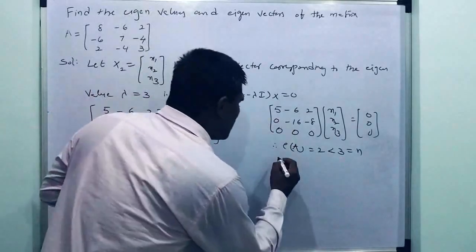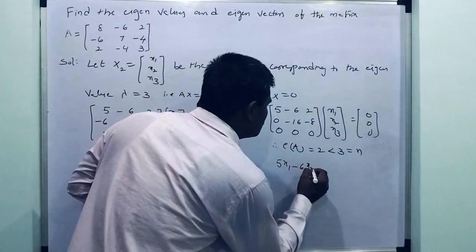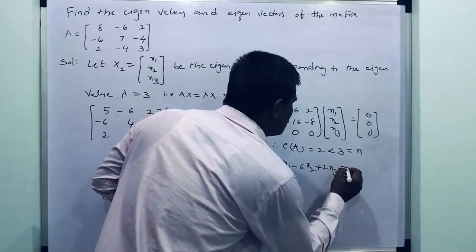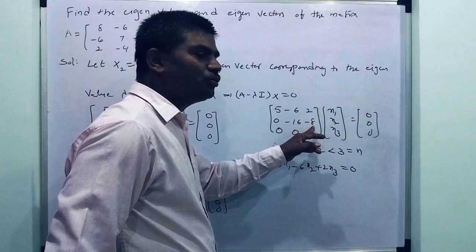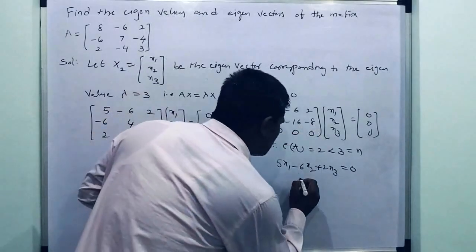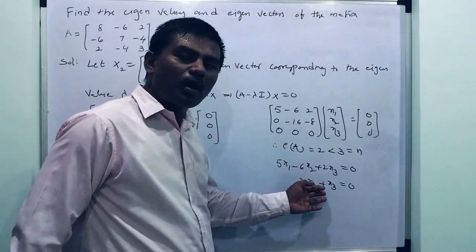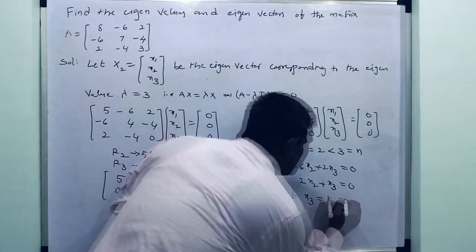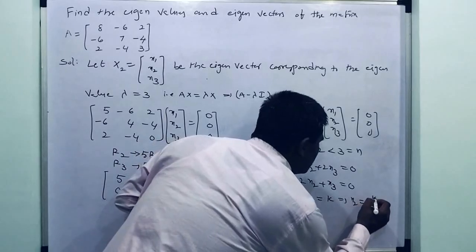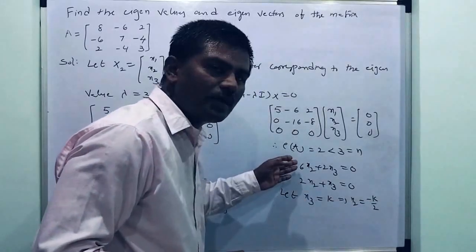So that 5x1 minus 6x2 plus 2x3 equal to 0. And if you divide this one with minus 8, 2x2 plus x3 equal to 0. And also you need to take one variable as constant. Let x3 is equal to k. That implies x2 is equal to minus k by 2. Let us substitute these values in this equation.